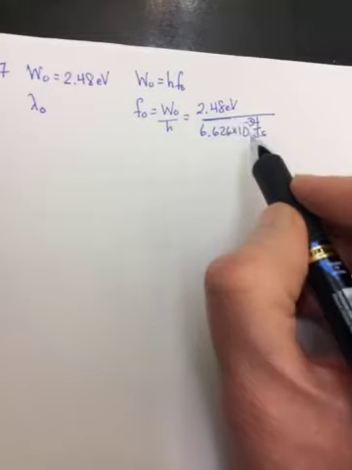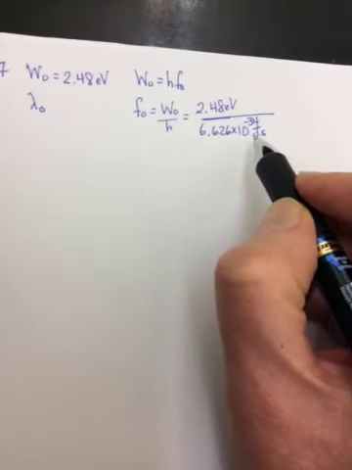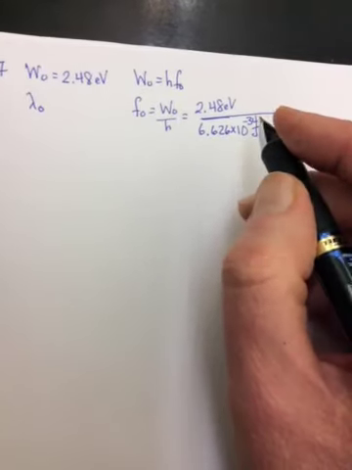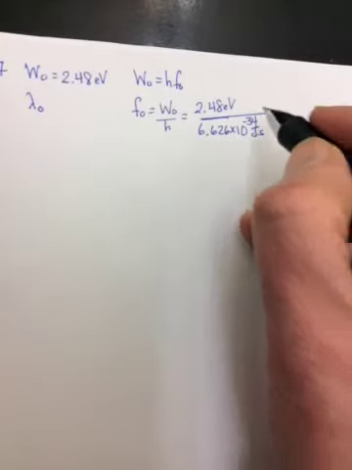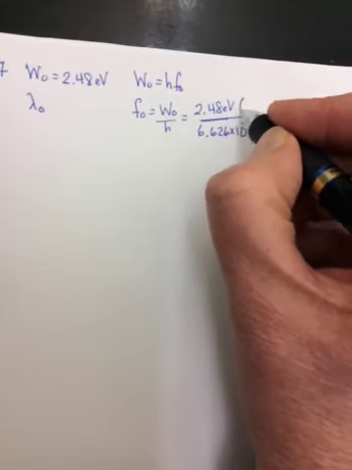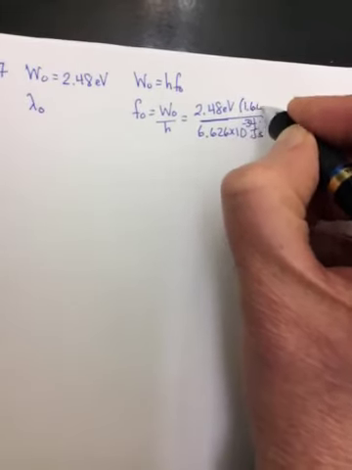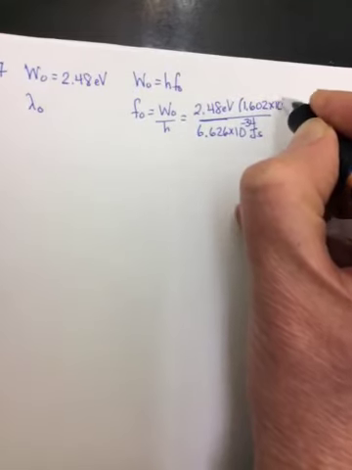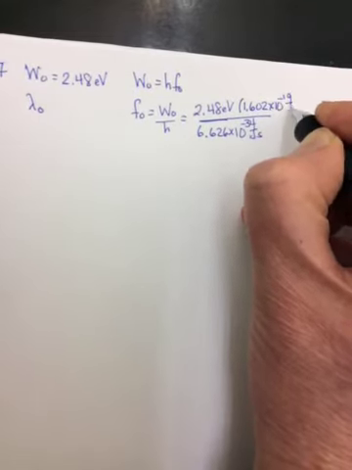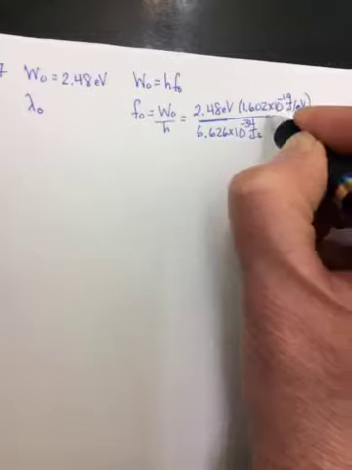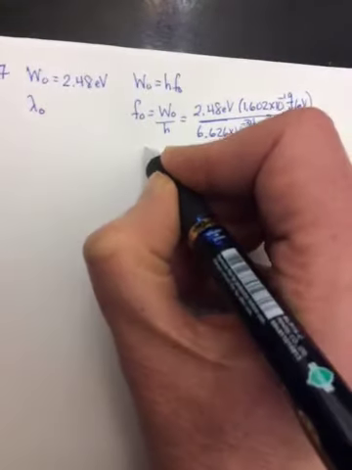Hopefully you notice there's electron volts on the top and joules on the bottom, so you need to convert into joules here. You multiply by 1.602 times 10 to the negative 19 joules per electron volt, and then you can divide.